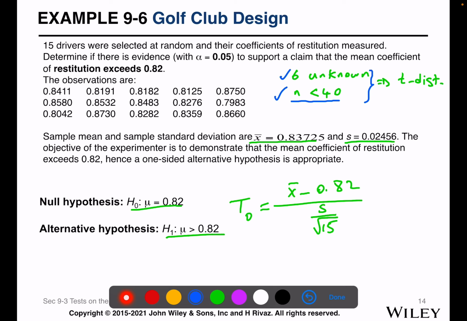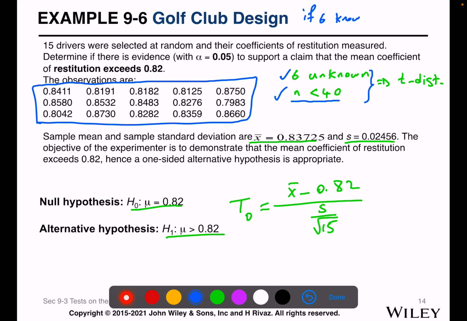And we don't know. All we have is 15 measurements, right? So if either of these two were not satisfied, then we would have to use the Z, the normal distribution. So for example, if sigma was known, or if n was more than or equal to 40, in these cases, we would have to use the standard normal case.